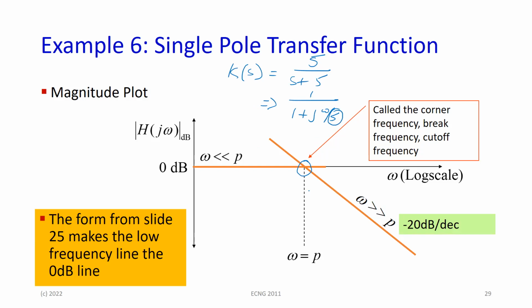The corner frequency here is 5. So for omega much less than 5 in this example, the response is 0 dB. And for omega much greater than 5, it decreases at minus 20 dB per decade. And the two straight lines, or the two asymptotes, intersect at omega equal to 5.